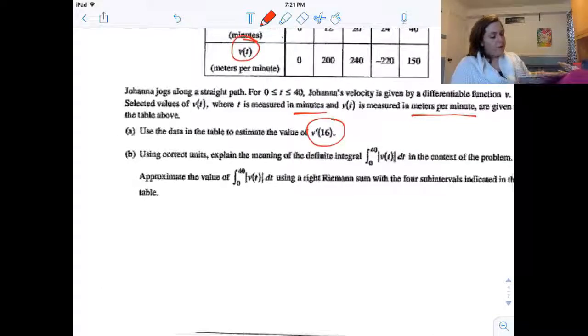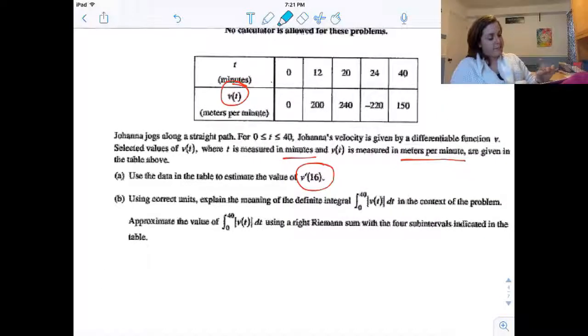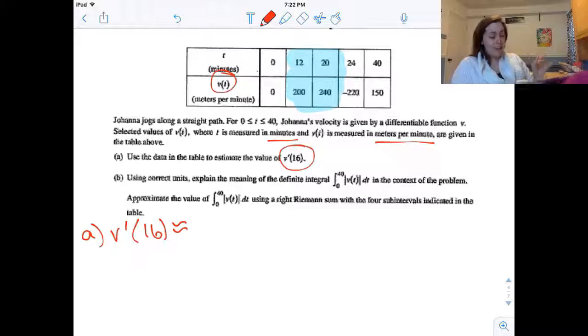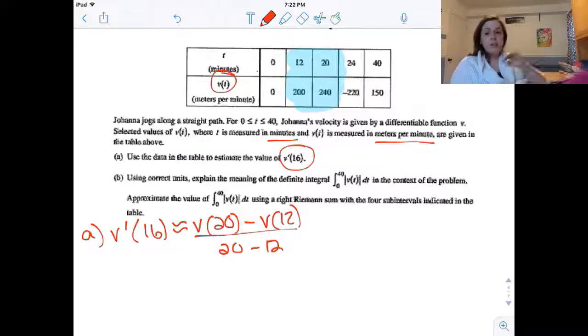We need V prime. So V prime of 16, what I would do is I would say, okay, 16's in between those. So I'm going to find the rate of change between those. So V prime at 16 is approximately, and you have to show your setup here. So I would say V of 20 minus V of 12 over 20 minus 12. You cannot just leave it there.